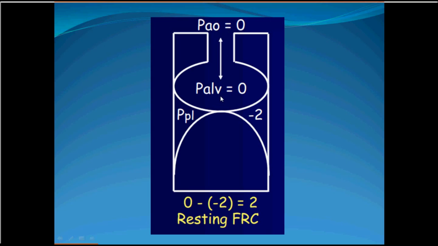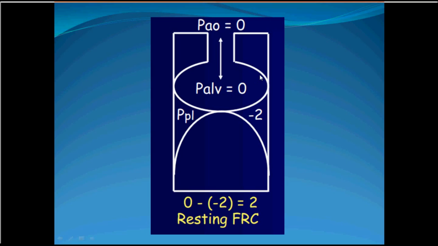This means that the alveolar pressure is zero. The remaining volume at the end of expiration in a normal lung is the functional residual capacity.